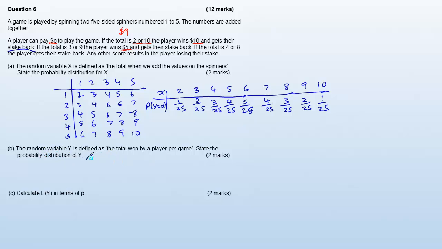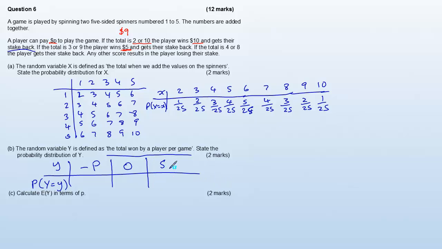The random variable y is defined as the total won by a player per game. Now, here we have y, and the probability of y being y. The player can lose their stake. They can get their stake back.